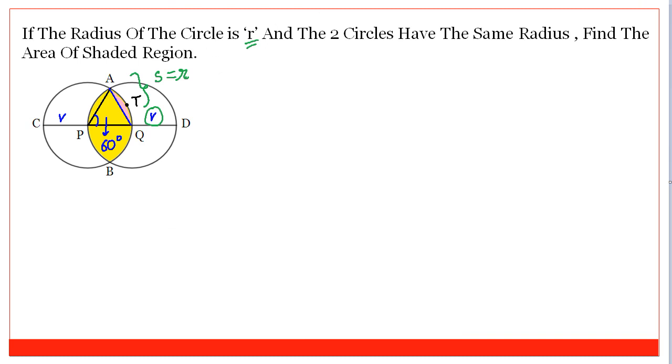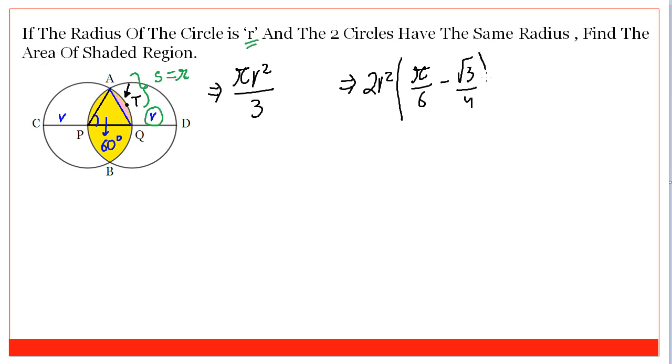So what are the two values which we have taken out? The area of the sector would be πR²/3, and the area of the segment multiplied by 2 equals 2R² multiplied by π/6 minus √3/4.